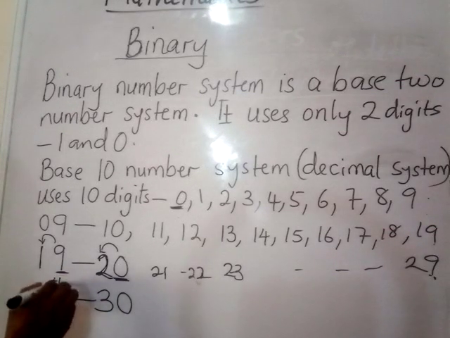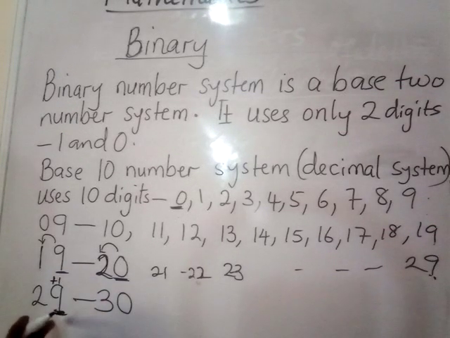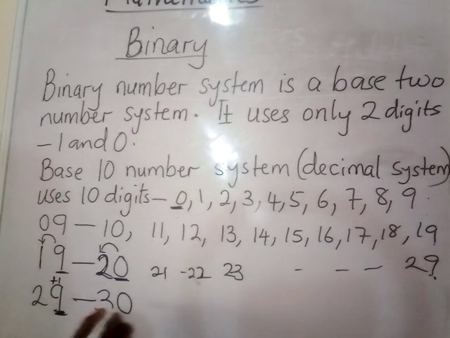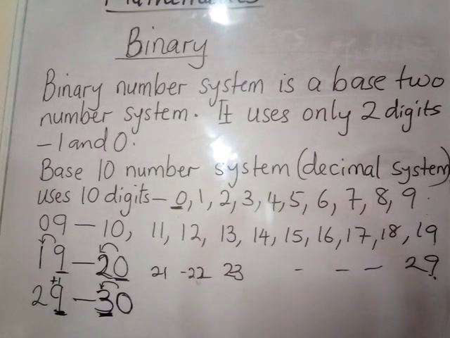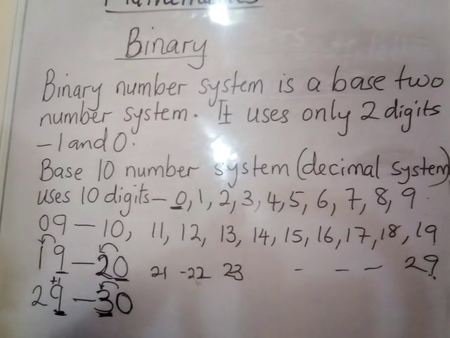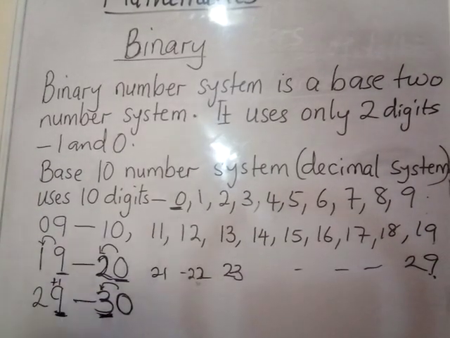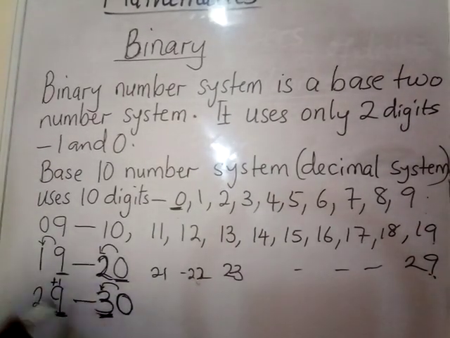Any extra addition of 1, this part cannot take it because there's no extra symbol to use in representing the number. So we go back to 0 for this part. Then that 1 that this place cannot handle goes to the next column, which is the column of tens. And the number becomes what? 3 and 0, which is 30. So that's how this transition occurs.